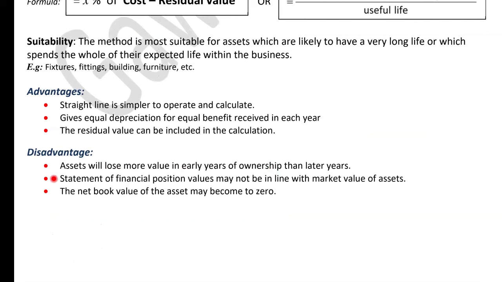Number two, statement of financial position value may not be in line with the market value, which is true, that the net book value may not be equal to or close to the market value. And number three, the net book value of the asset may become zero, as sometimes we don't have residual values of assets. So those are the advantages and disadvantages of the straight line method.